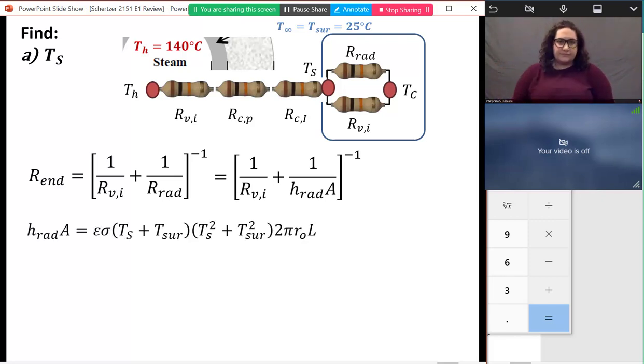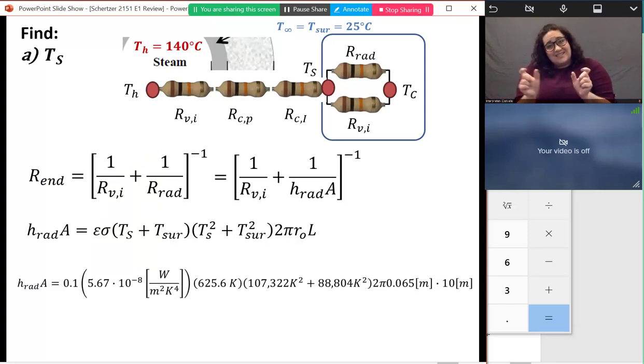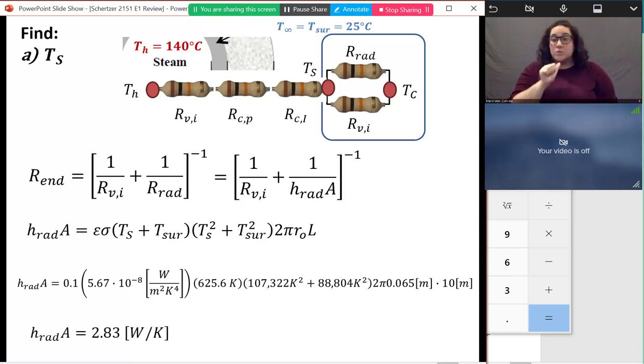So here I have this equation for h_rad times A. It's kind of a beast, so you have to put this all into your calculator. But we have to use our temperatures in Kelvin, otherwise we'll get the wrong answer. So I put this into my calculator and I find that h_rad times A is 2.83 watts per Kelvin.